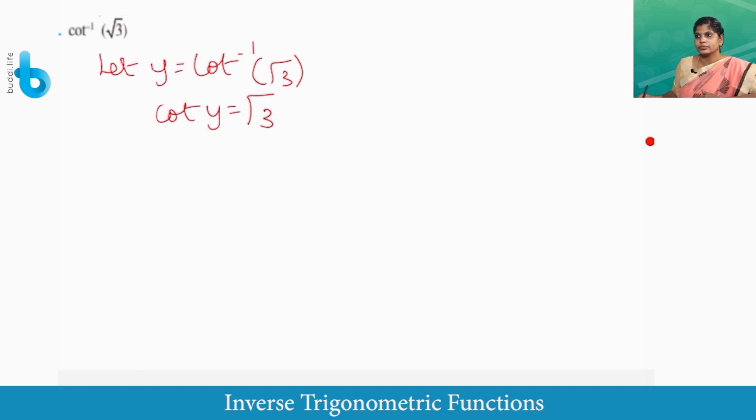So cot y equal to cot pi by 6. So y equal to pi by 6. Quickly let us check the principal range also.